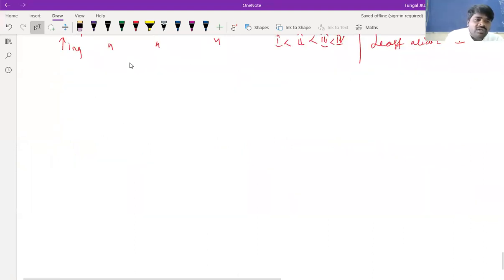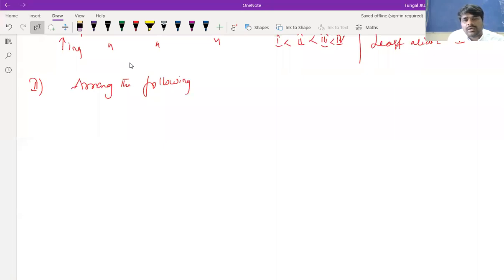Suppose I give one more example. The same thing you have to do: arrange the following according to decreasing order of acidic nature.